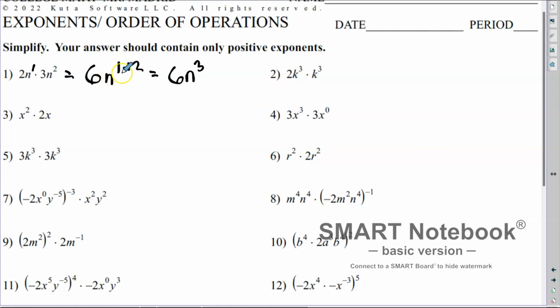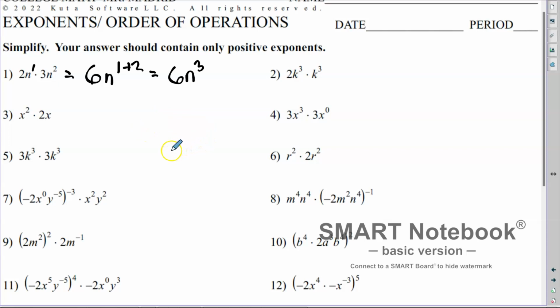I'm going real slow here. It's important to understand that when you're multiplying these two terms, the n's, or any similar or same variable, you add the exponents. Be on the lookout for that.